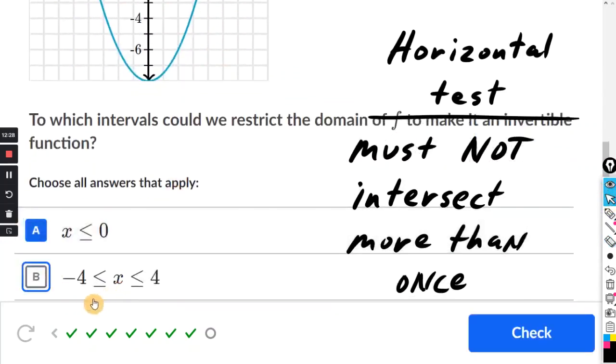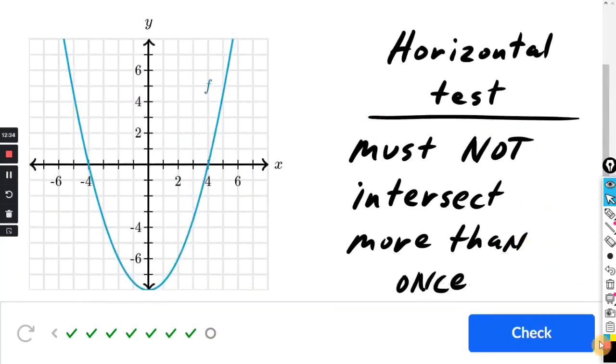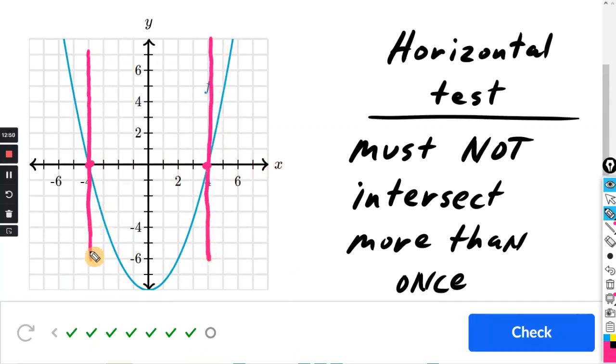X is between -4 and 4. It includes both -4 and 4. So let's cut off the graph between x equals 4 and x equals -4. Okay, so we're going to cut off the graph here, and we're between these pink lines. And I can see already it's not going to work.